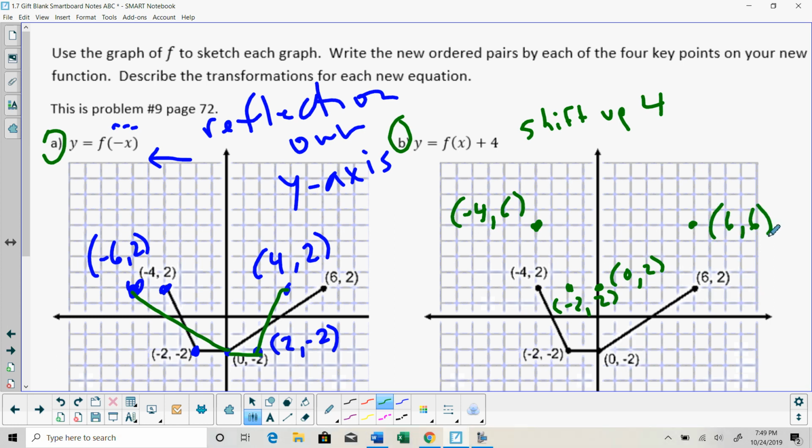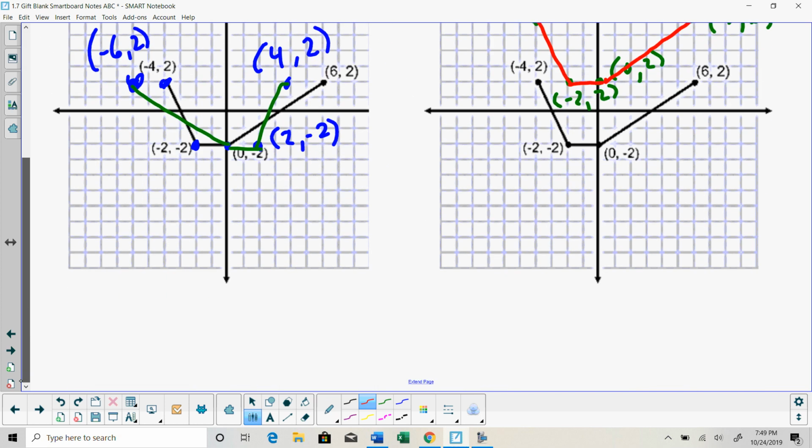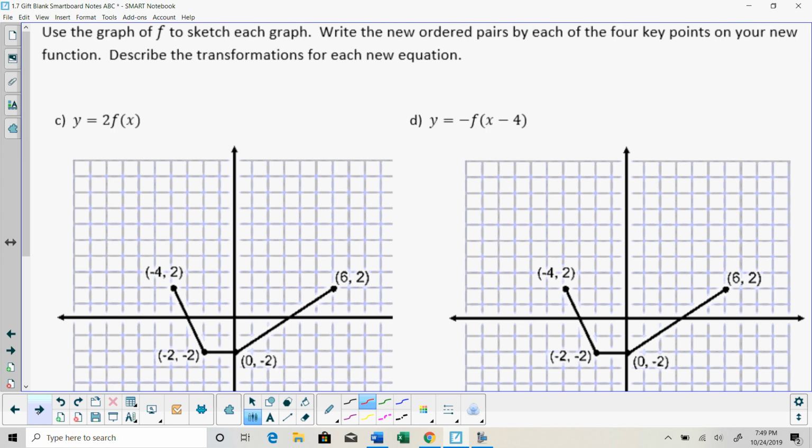All right, and now when we connect these ordered pairs together, we are going to get this shape, and I strongly suggest that you use a straight edge for this. Yours will end up looking neater than mine, I'm sure, but we can see now that it looks like it's been shifted up 4 units. So that's how you do these problems, and you're going to identify every transformation.